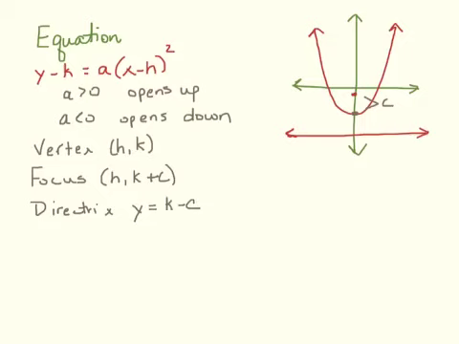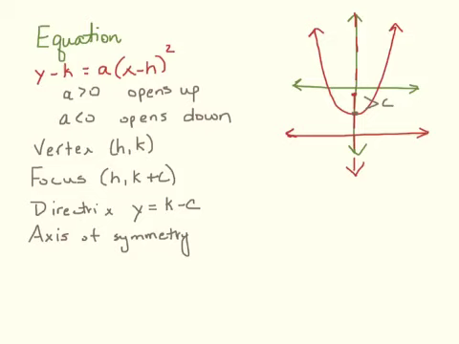The last thing that we're going to find when we graph these is an axis of symmetry, and symmetry basically means it can fold in half like you're looking in a mirror, and that line goes down the middle of the parabola, through the vertex, and it is perpendicular to the directrix.